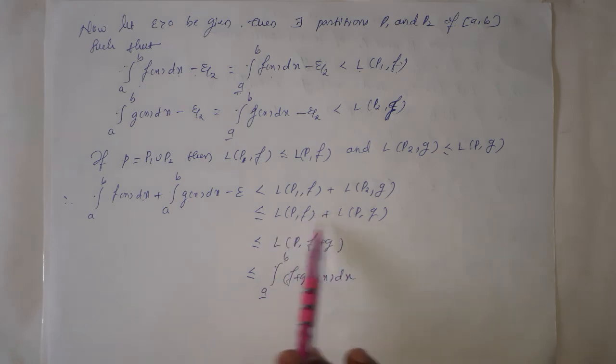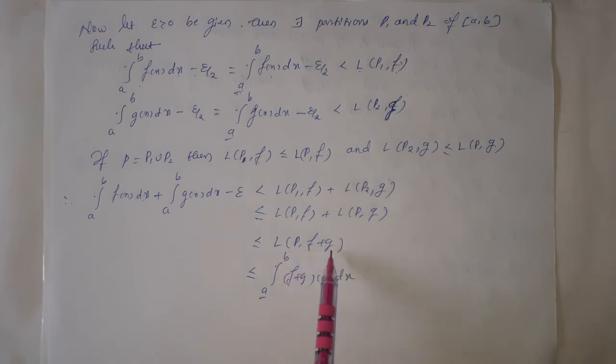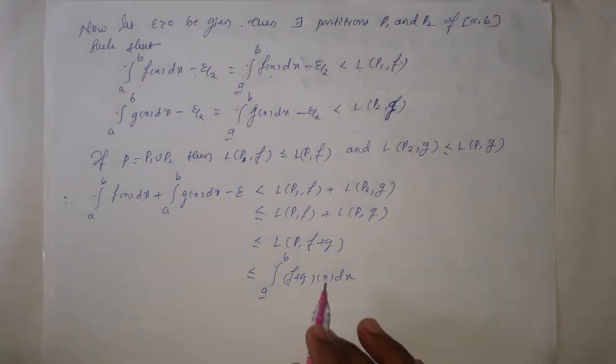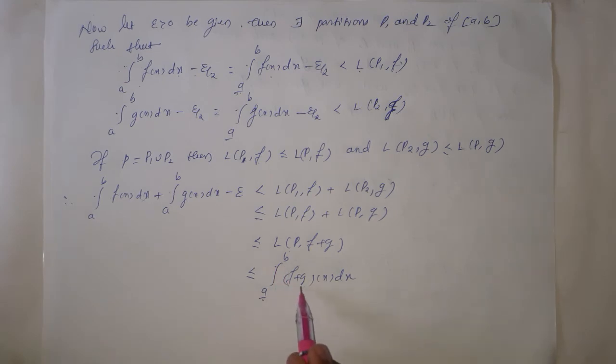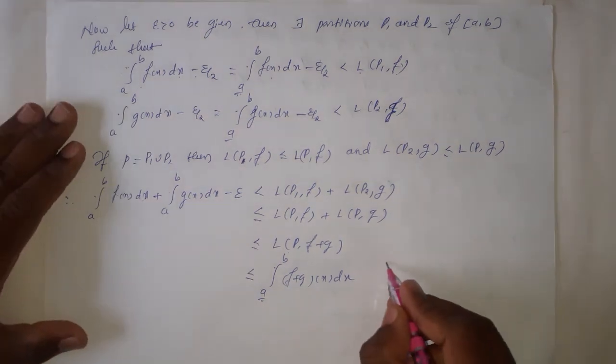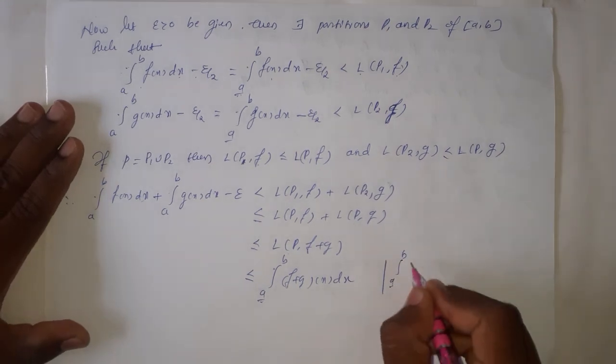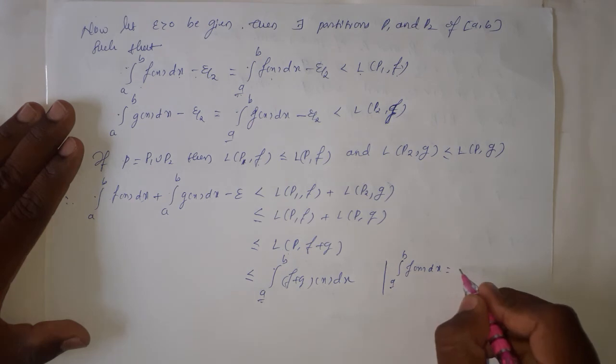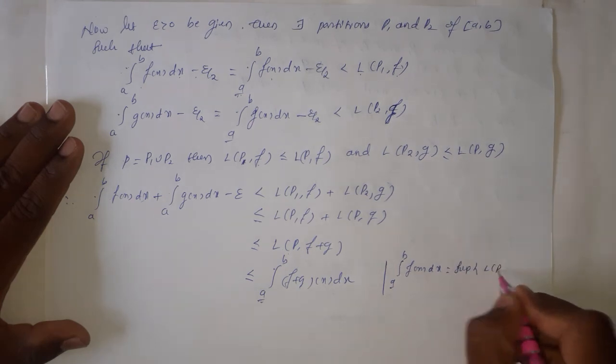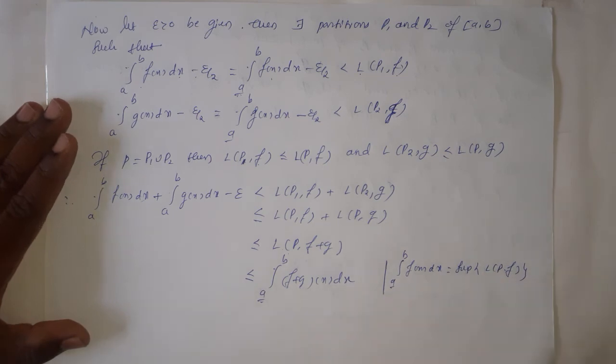Therefore, this one is less than or equal to LPF plus G. Now, LPF plus G means it is the lower Riemann sum of the function f plus g, and the lower integral from a to b of f plus g of x, by the definition of the lower Riemann integral, is the supremum of all the lower sums. By the definition, the lower integral from a to b of f of x dx is nothing but the supremum of LPF. This is the definition of the lower Riemann integral.